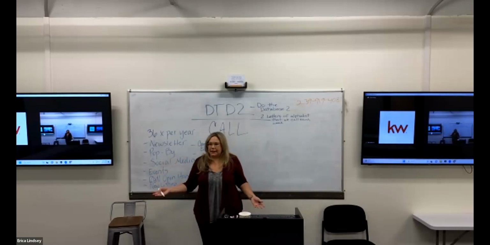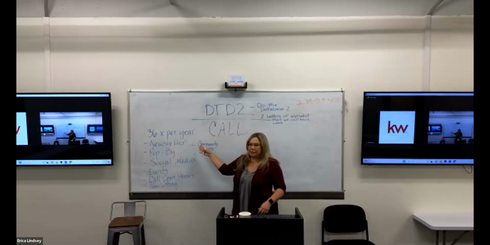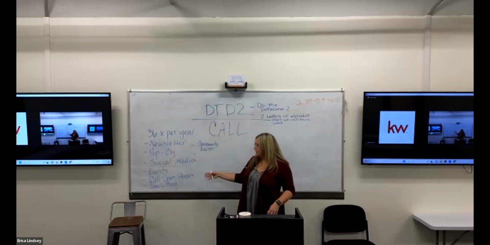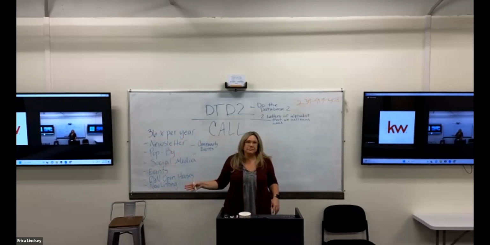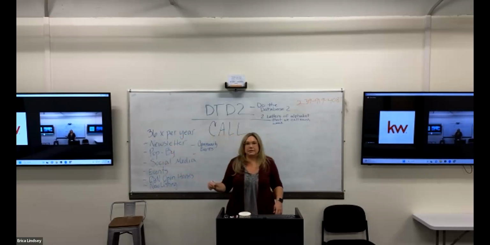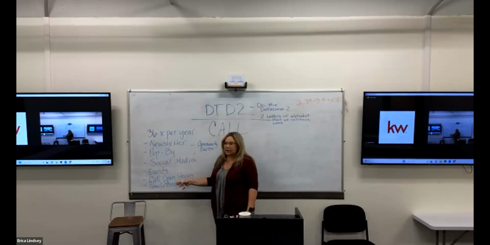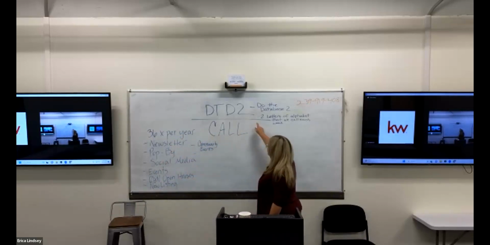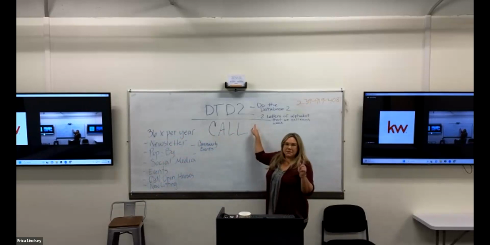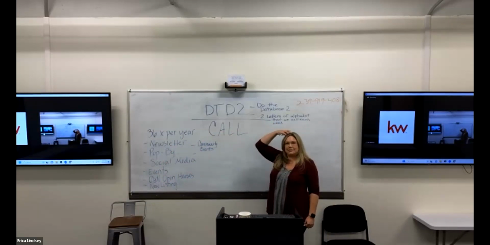There's a million different things. You could come up with more than 36 touches just by implementing these 7 things that I just wrote on the board, or 8 things. These can be through social media, face-to-face, text, or email. This is the minimum one time a quarter you need to call them. This is a voice-to-voice interaction system.